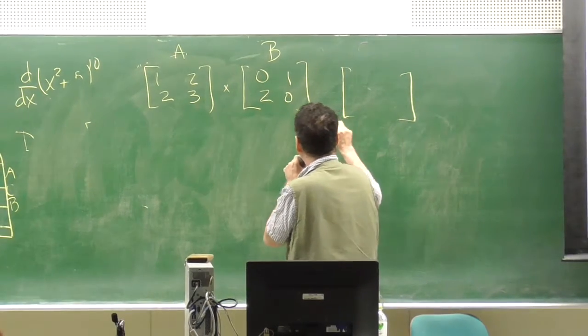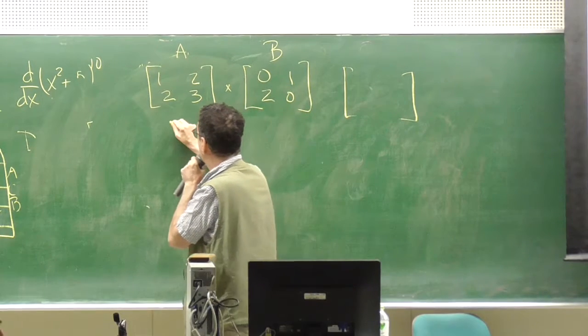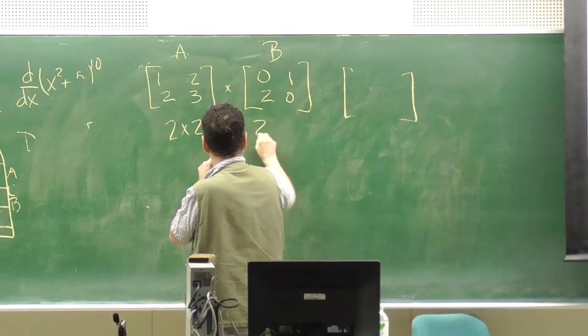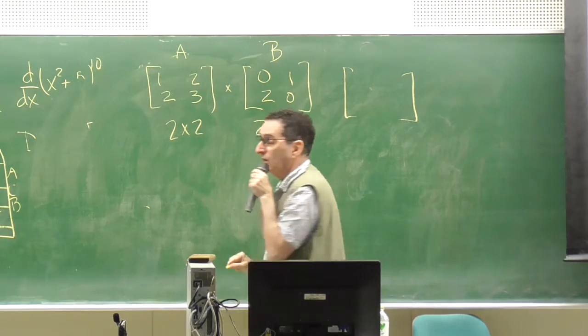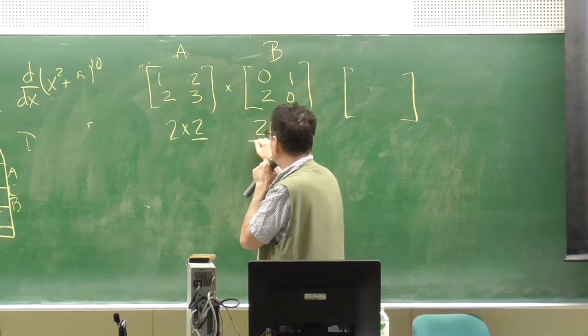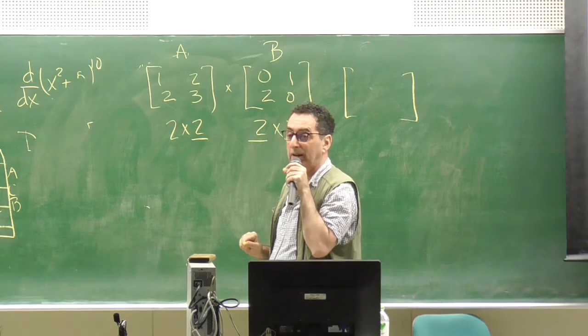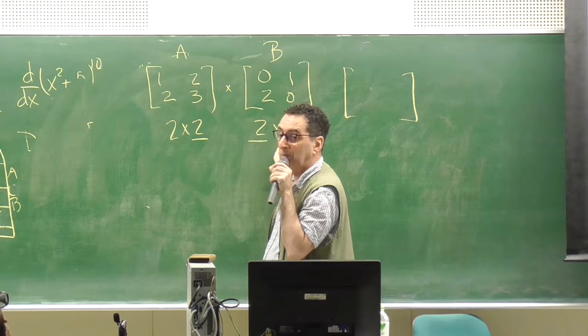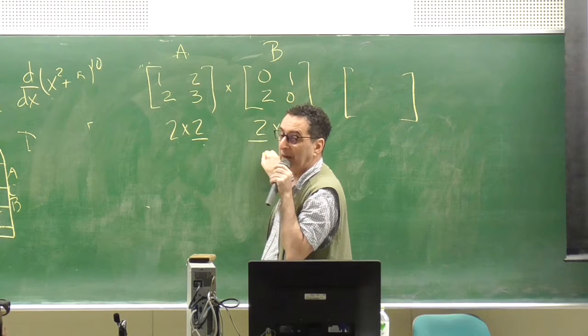So first of all, when you multiply matrices, this is a 2 by 2, and this is a 2 by 2. So it's okay to multiply these two, but in general, this number has to match this number in order to multiply. It doesn't matter about these numbers in terms of whether you can multiply, but these two have to match.